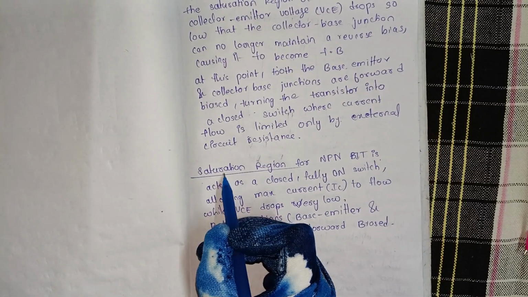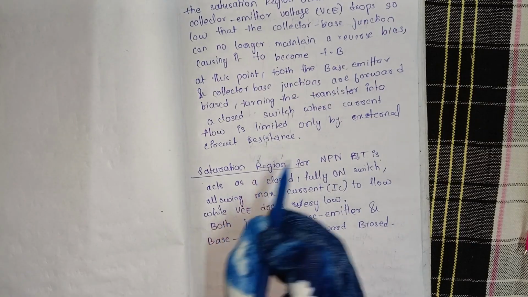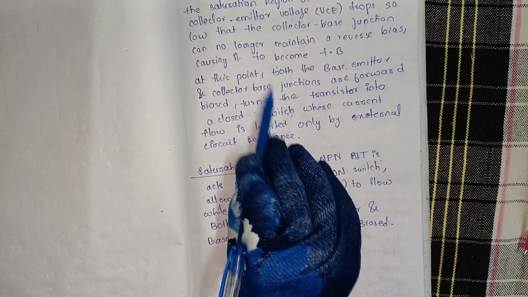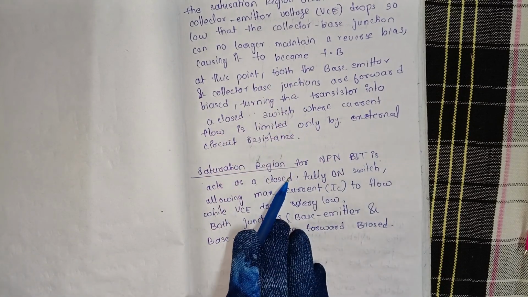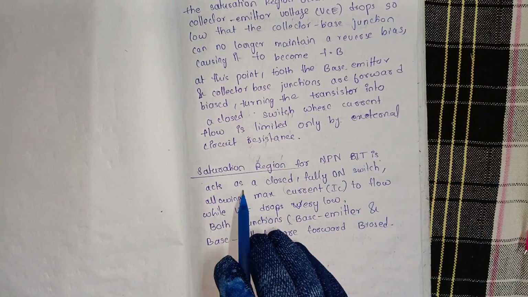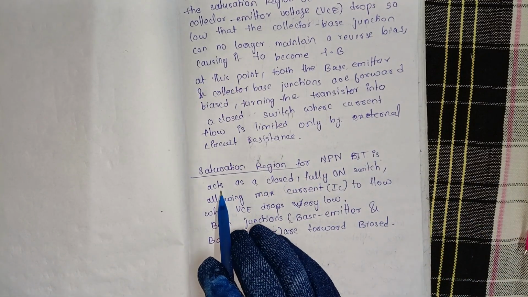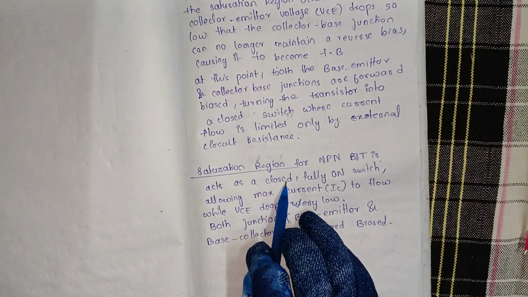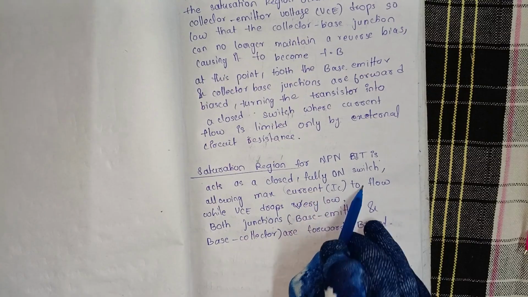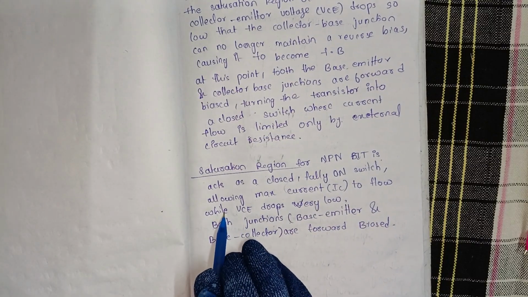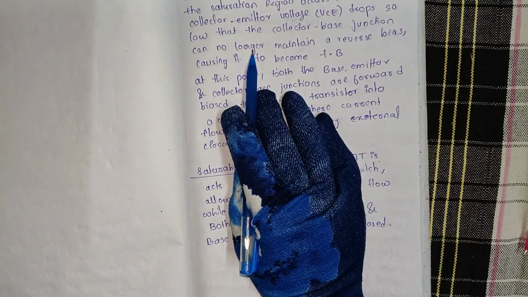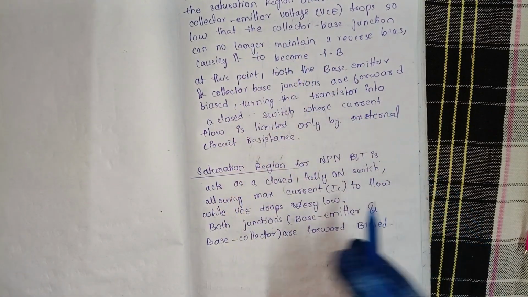Normally, saturation region in an NPN BJT occurs when it acts like a closed, fully on switch, allowing maximum current to flow while VCE drops very low. Here also the same thing happens.